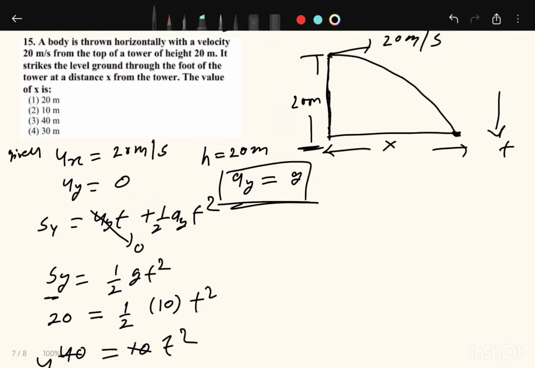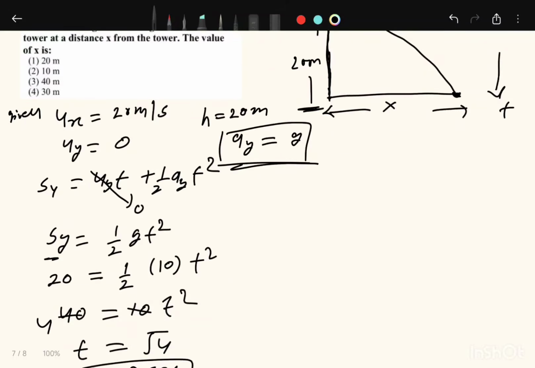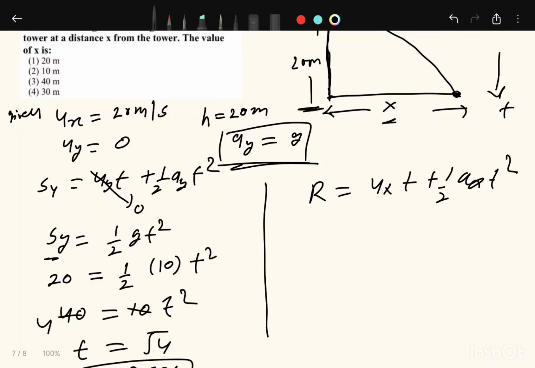So we have the total time that it will take to reach the ground, right? So can we find this range, that will be equal to this x or not? Using the second equation of motion in the x direction, that is uxt plus half axt square, and the acceleration in the x direction is nothing but 0, so this term becomes 0.